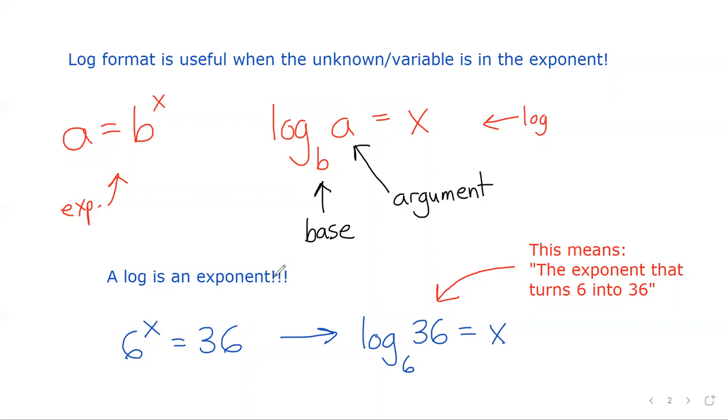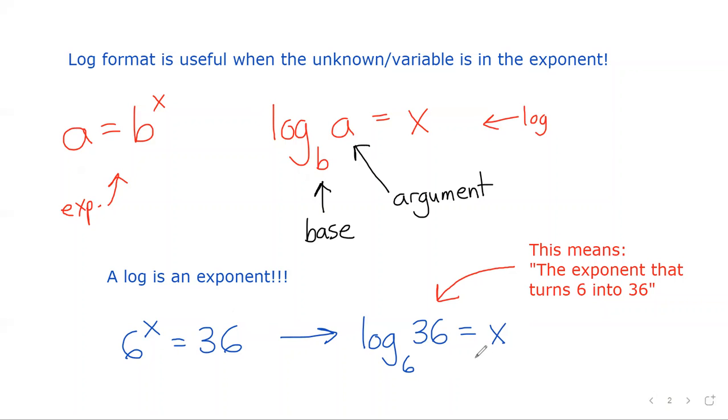In this case, this thing is supposed to come out to 36. And so we'd write log base 6 of 36 equals, log always equals an exponent because a log is an exponent. So again, 6 is the base, that goes here. This is the argument, the output, that goes here. And a log always equals an exponent. x is the exponent, so it goes here.